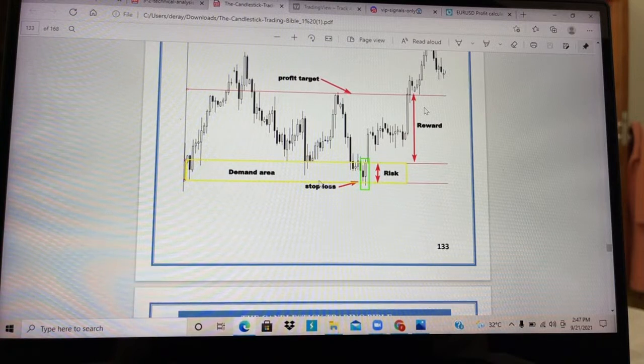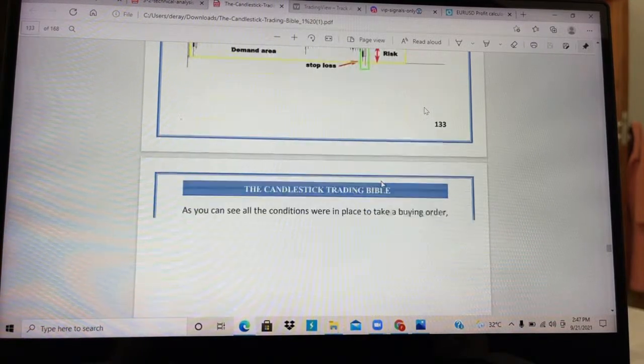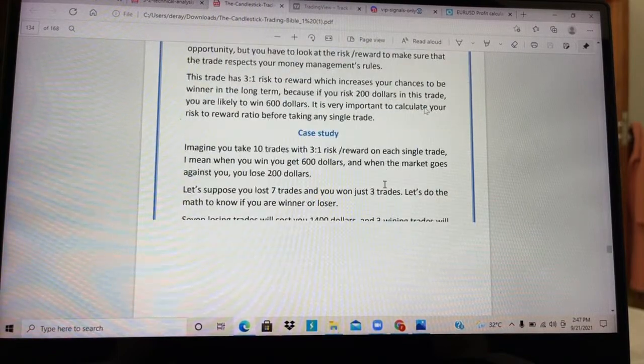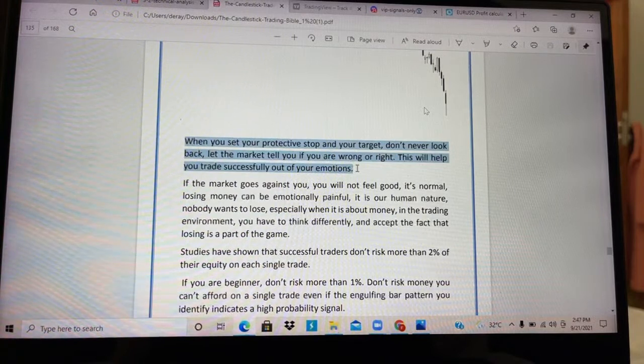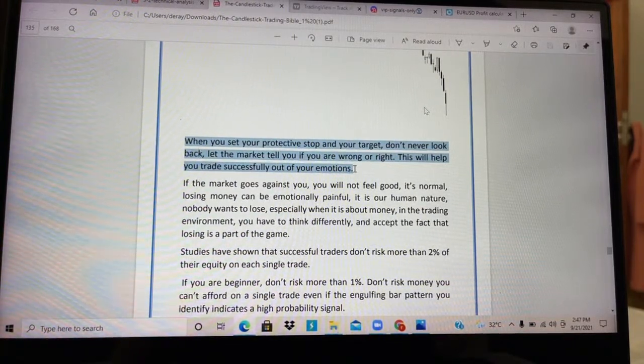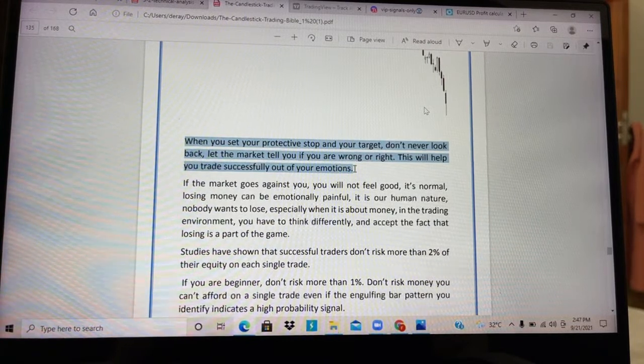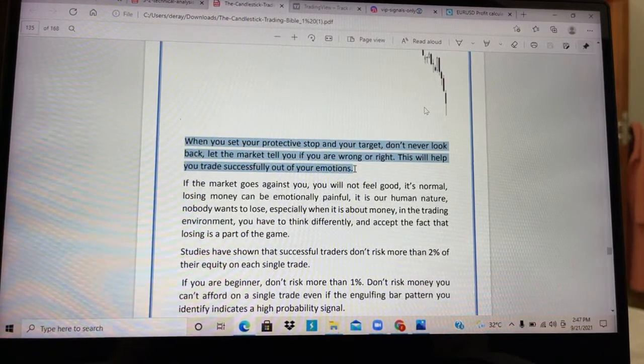So that's what the chart is basically telling us with risk to reward. Once you know what you're risking versus the reward, you can enter with confidence. Okay? But sometimes our emotion comes into play in our risk management, and you feel very depressed because you're losing.